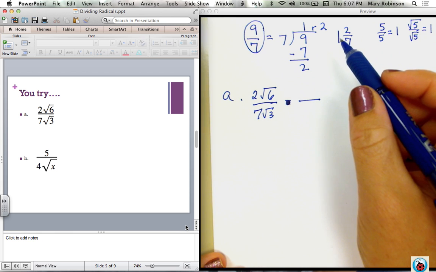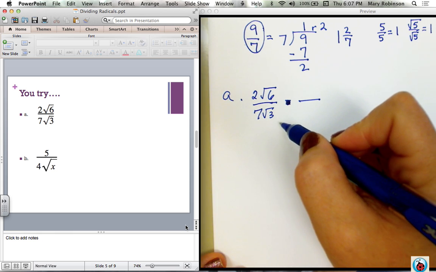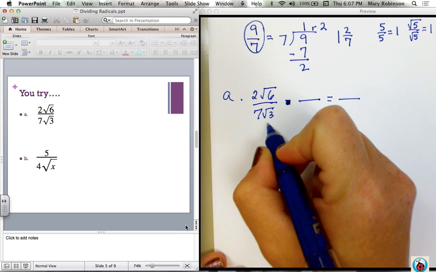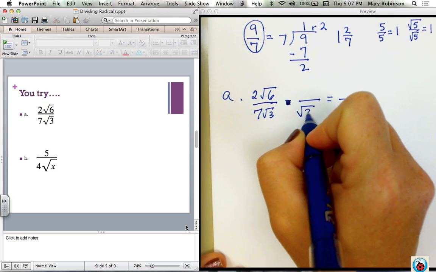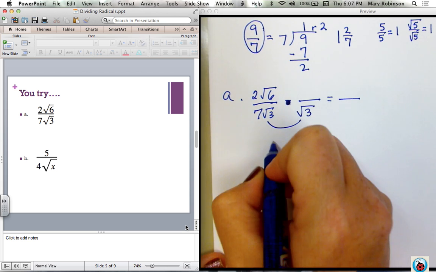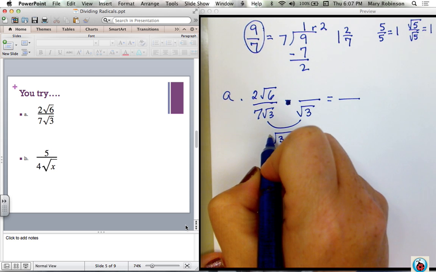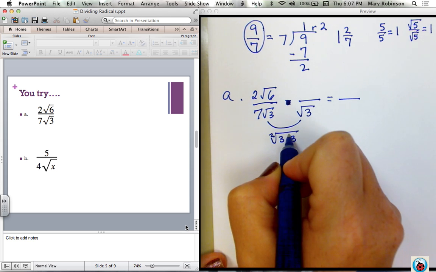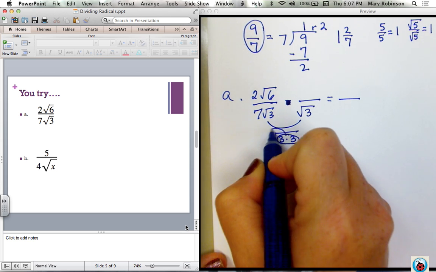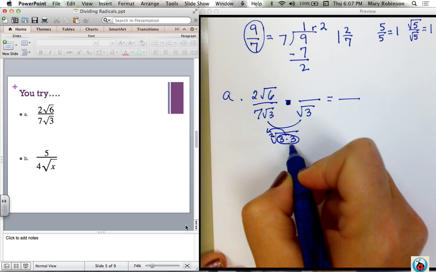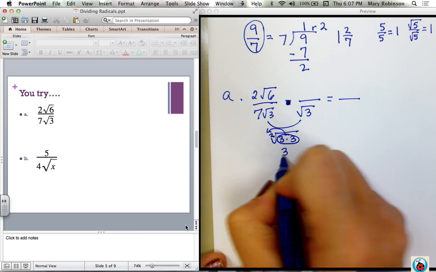Similar to the previous example, if we multiply by the square root of 3 again, that will actually give us the square root of 2 of our 3's, which is our point. Because our index is 2, we want to end up with 2 of the same factors. So the square root of 3 times 3 is 3.